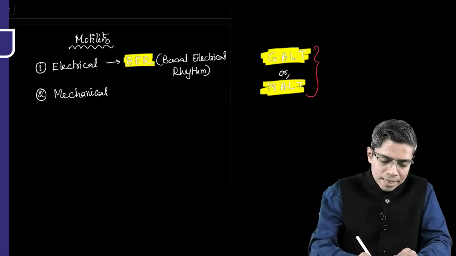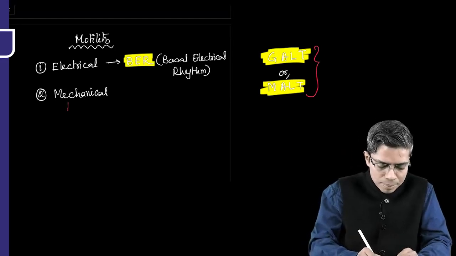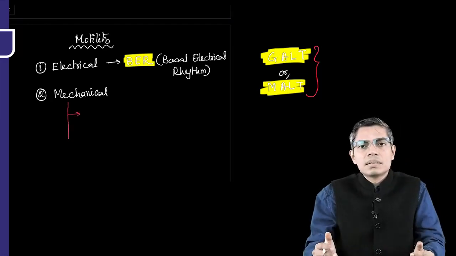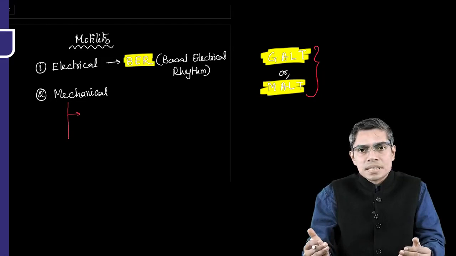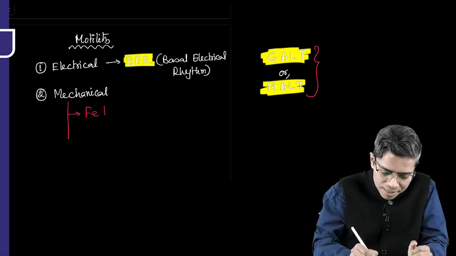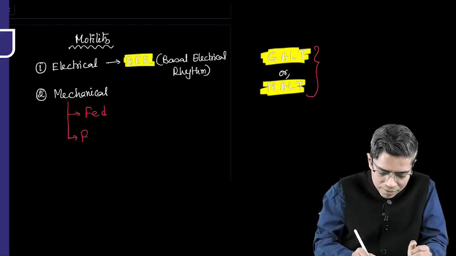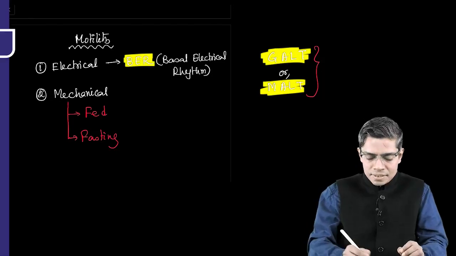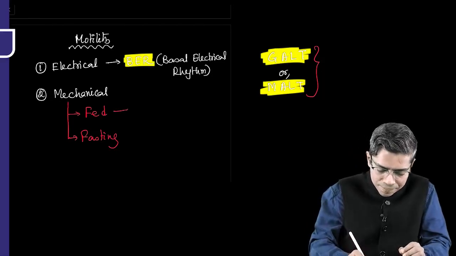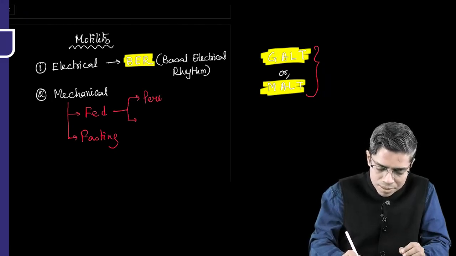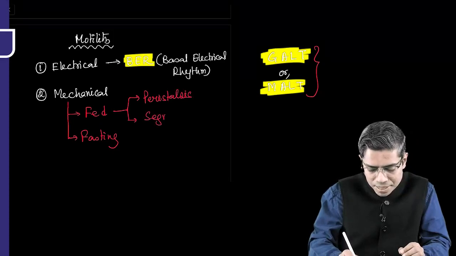Now coming to the mechanical motility, you know that mechanical motility varies depending on whether food is present in the GIT or not. So the fed state motility and the fasting state motility are different. Fed state motility in the GIT is again classified into peristalsis and segmentation, right?